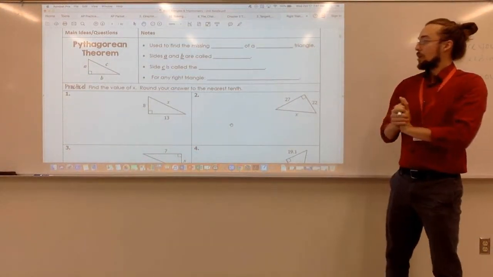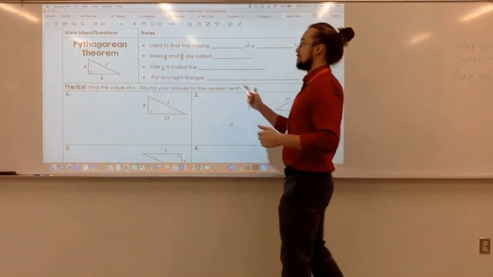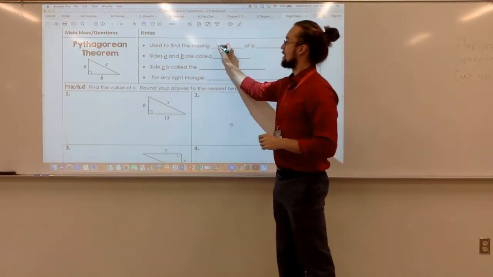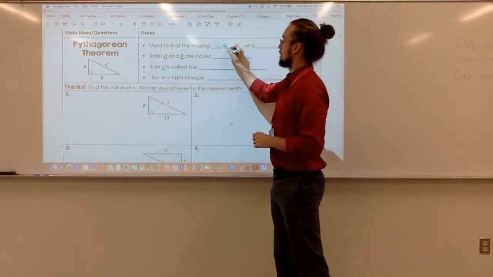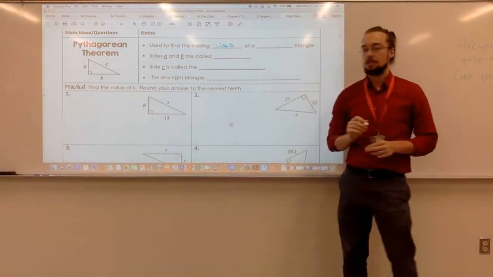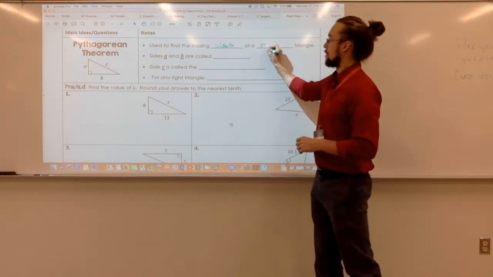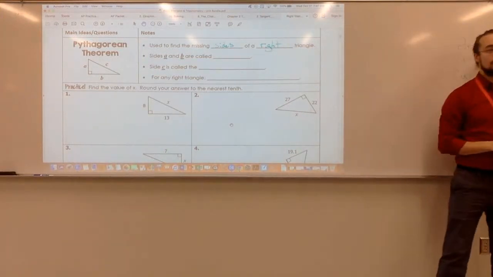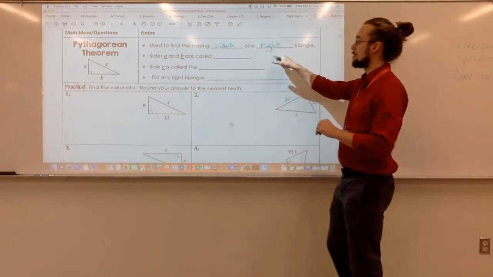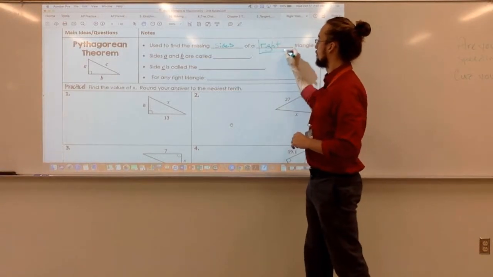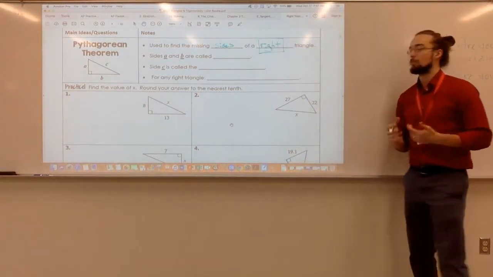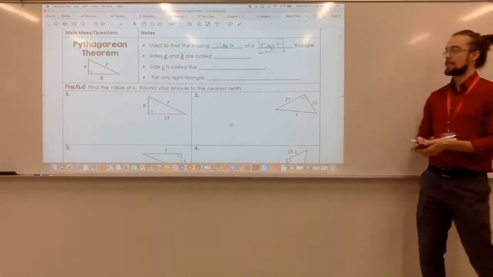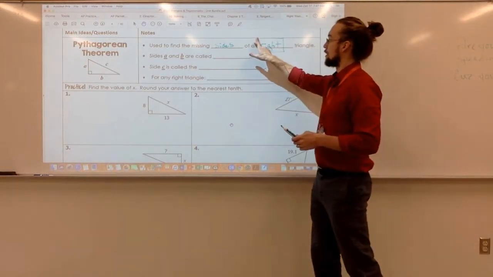Okay? So, the Pythagorean theorem is used to find missing sides of a right triangle. And that's important. In order for us to use the Pythagorean theorem, we have to be dealing with a right triangle. And that's a very important idea here.